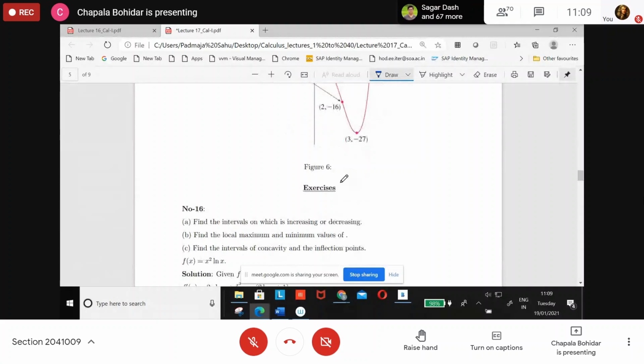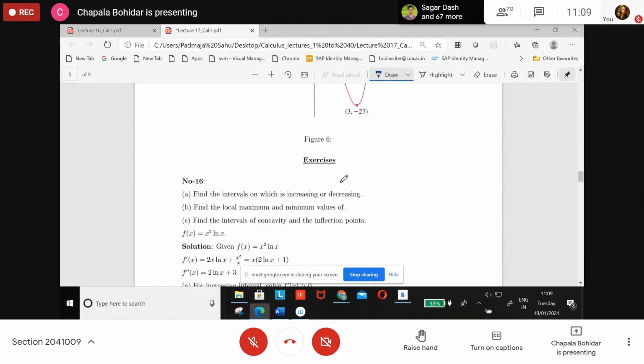Question number 16. Write down the question, then we'll discuss. Find the interval on which it's increasing or decreasing. If f of x is equal to x square ln x, find the interval on which f is increasing or decreasing.